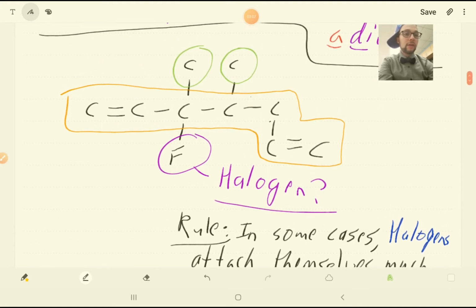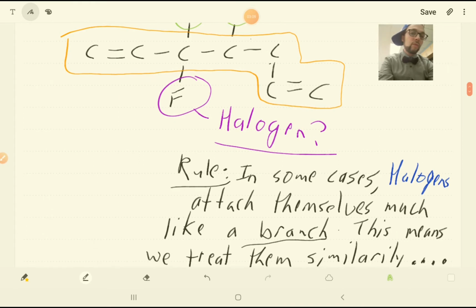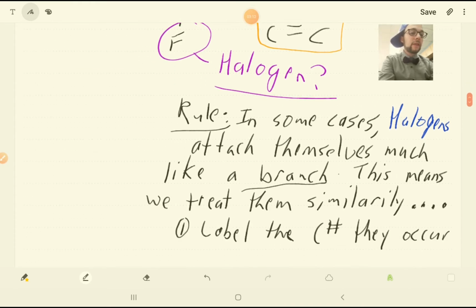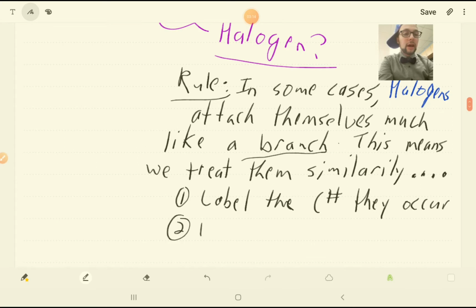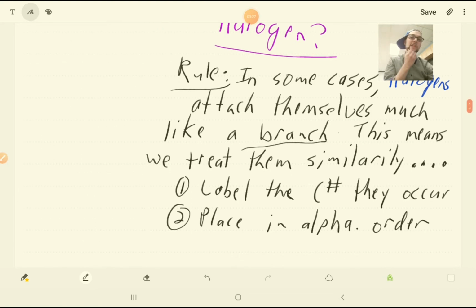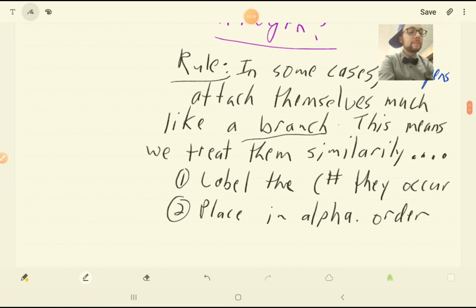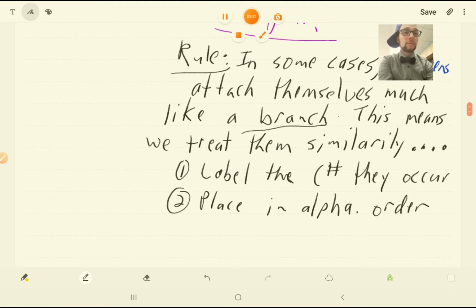So that fluoride, we are going to talk about what carbon that is bonded to. And secondly, we place them in alphabetical order with the other branches.